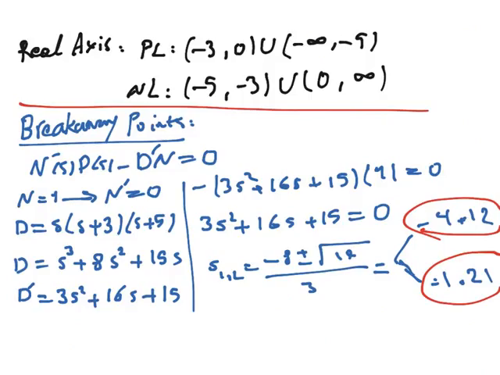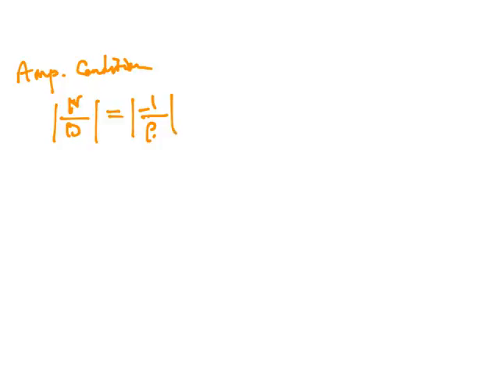If you remember, the amplitude condition is like this: N divided by D should be equal to the amplitude of -1 over rho. This will give us the value of rho for which we have that condition.